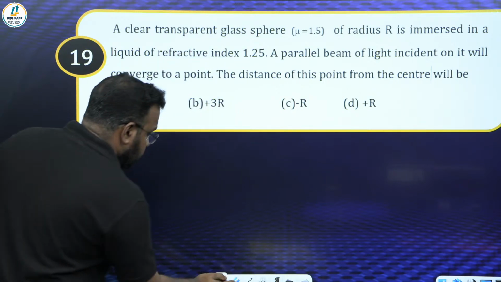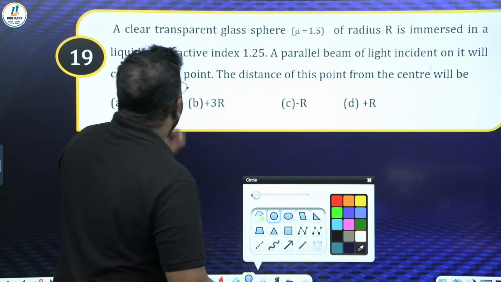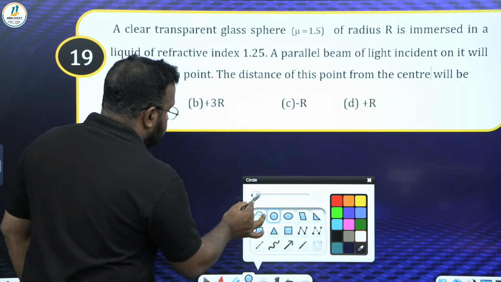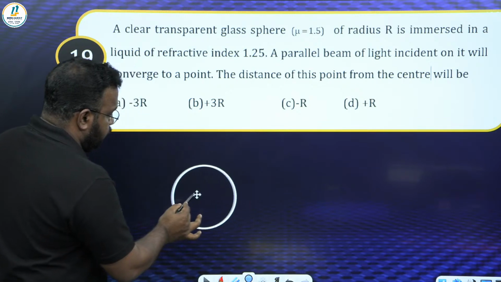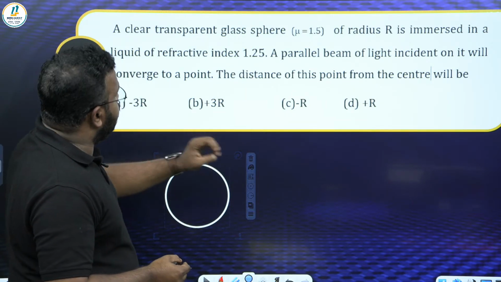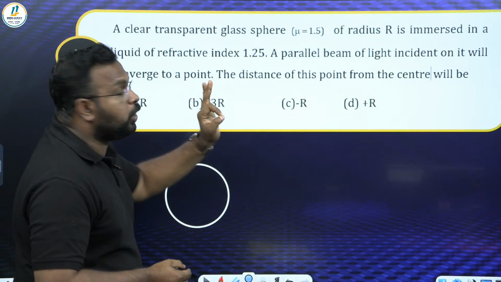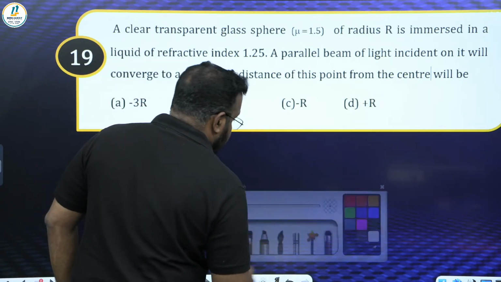Okay, so let me show the situation first. What is it actually? A clear transparent glass sphere. So let it be the sphere. This is a sphere. Its refractive index is given, of radius r, immersed in a liquid of refractive index 1.25. So it is in a liquid now.